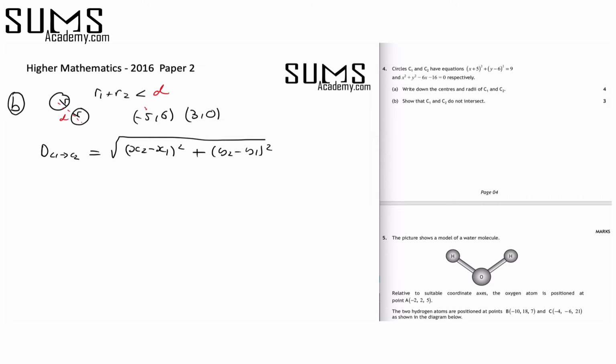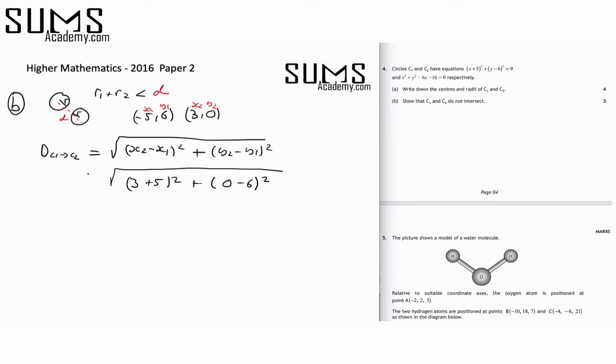I always like to put this in x1, y1, x2, y2. So just plug these numbers in. This becomes (3 + 5)² + (0 − 6)².